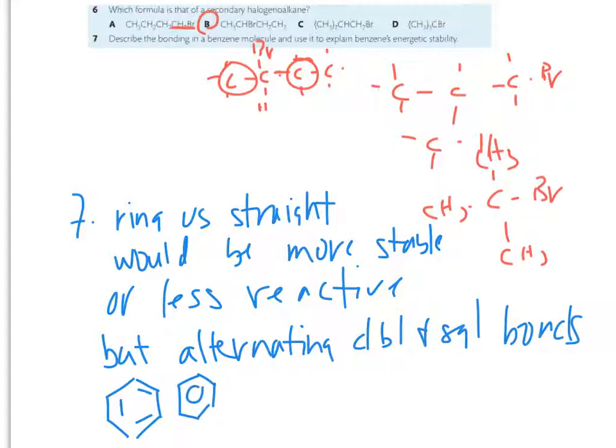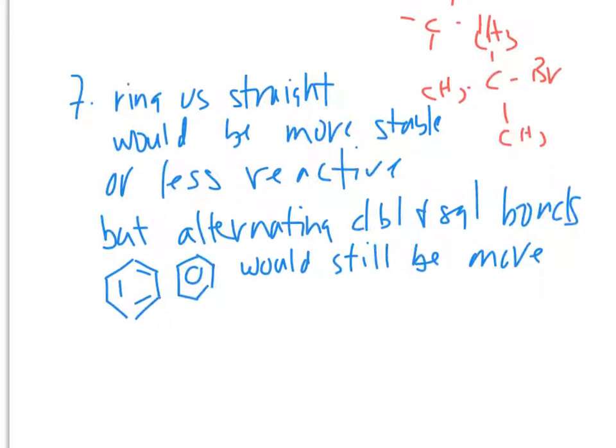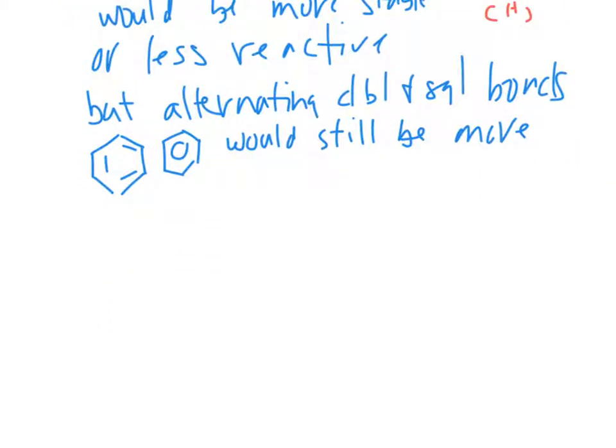But alternating double and single bonds would still be more reactive than it is. So we say more than benzene is observed to be.